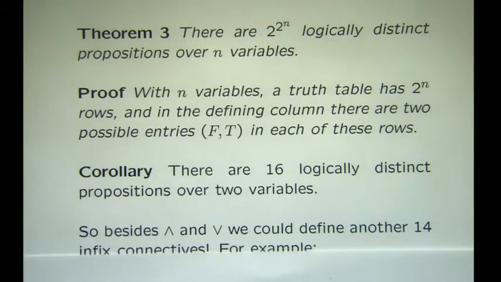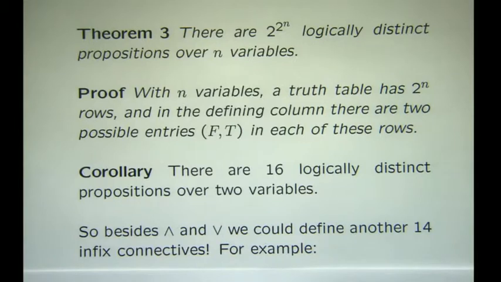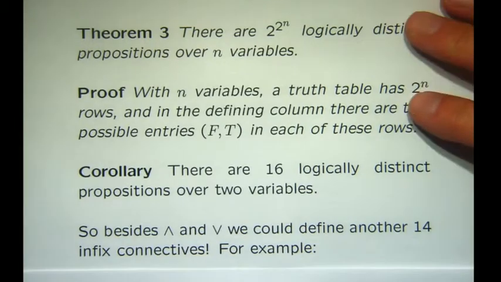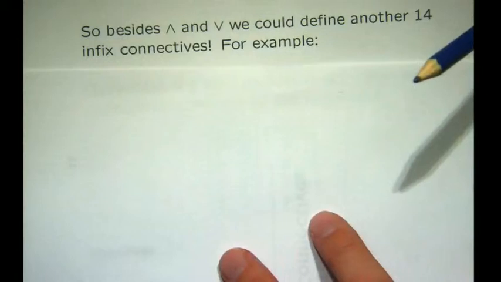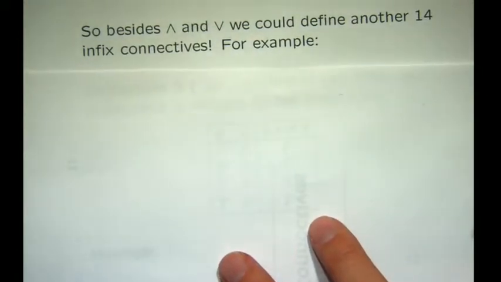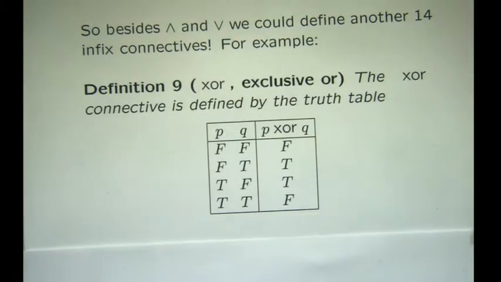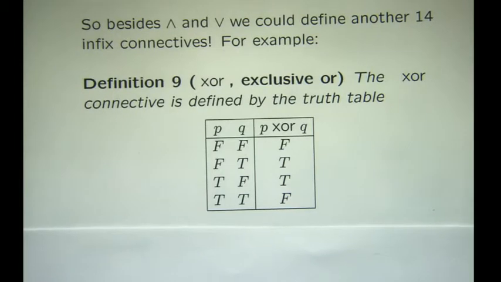So we could do that, and indeed, for example, something that one of you pointed out this morning, if we felt a bit sad not to have exclusive or, we could introduce it, we could give it a name. I haven't been very imaginative about that here, and there it is.